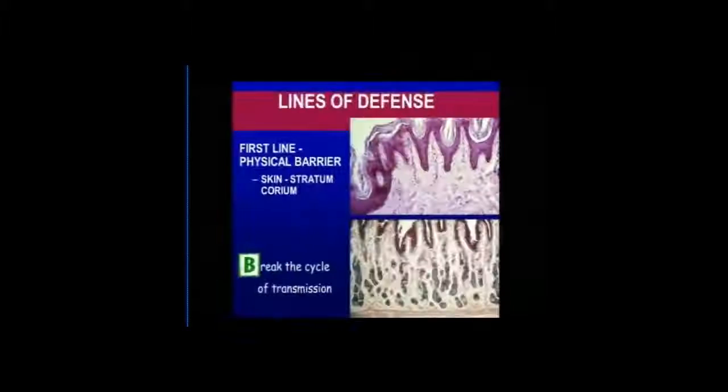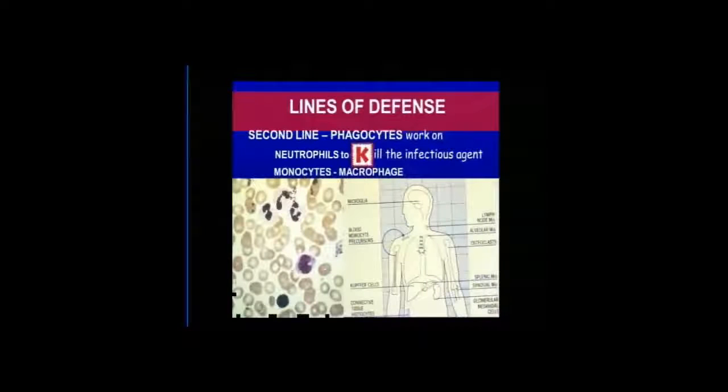They're not breaking the transmission of infection, and that is the problem. The next component is to kill the infective agents. And that is not only the skin, but also your stomach and your intestines. All of those are lined up to break the transmission.